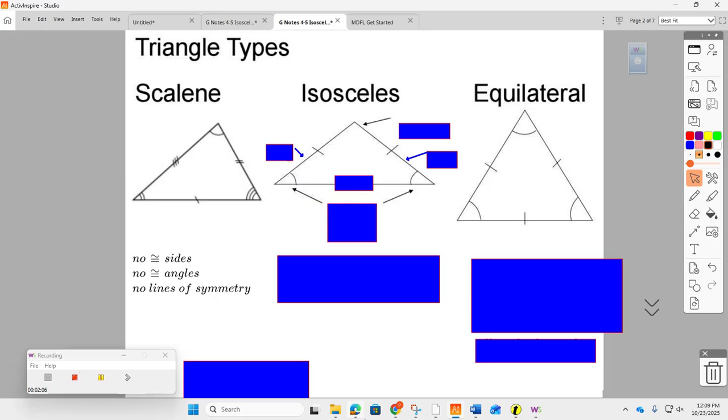Okay? As far as lines of symmetry, I know we talked about lines of symmetry early on in triangles. I have a rectangular piece of paper here. I'm going to remind you what lines of symmetry are. If I fold this rectangle in half, you'll notice a vertical line down the center.